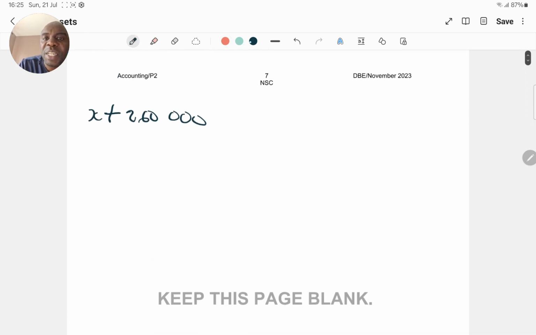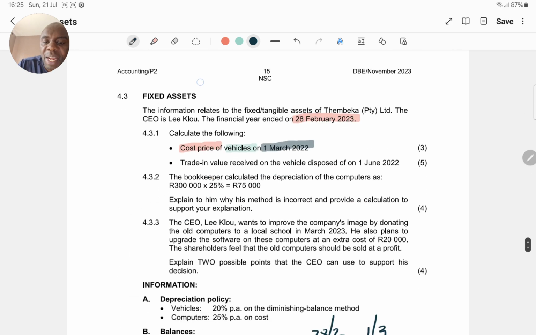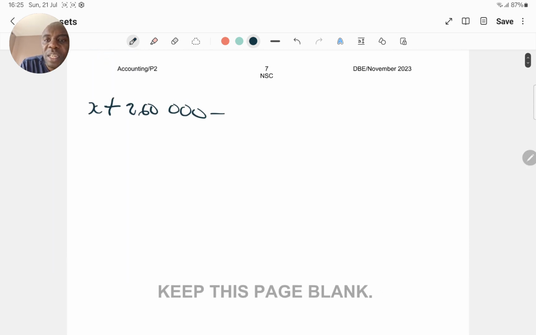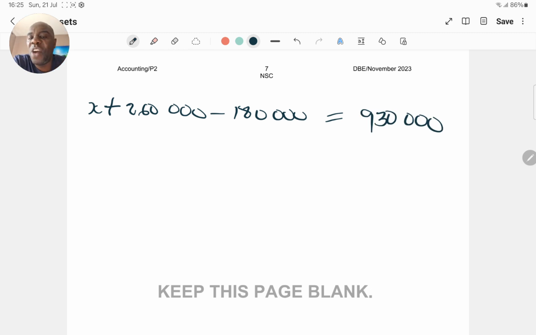So I am going to subtract that, minus 180,000. This should give me my closing balance of 930,000. That is the calculation that I have to do to get the 3 marks.